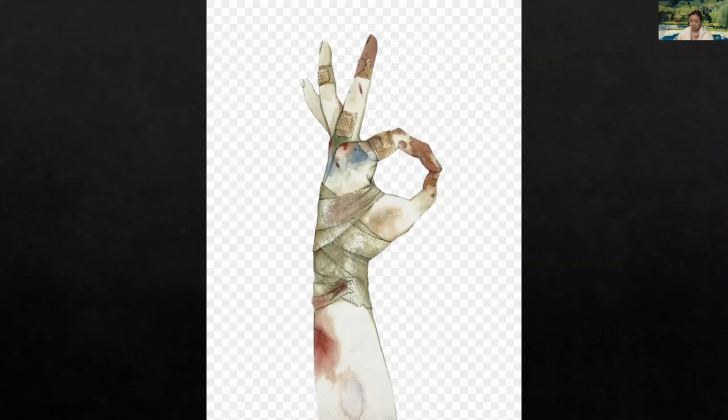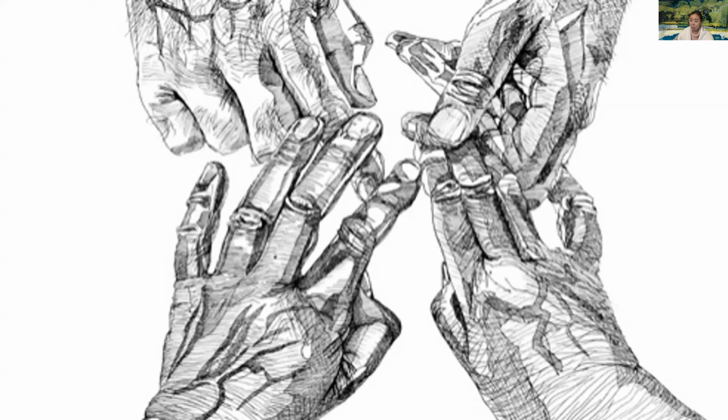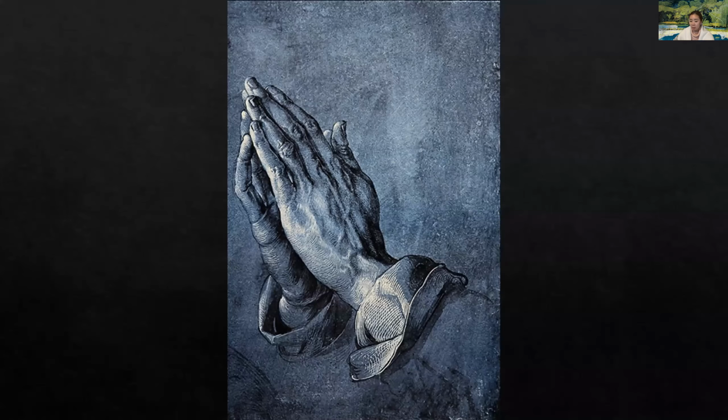Oh, and this hand drawing shows motion and emotion. And this hand drawing shows motion and emotion, contrast. This hand drawing shows emotion, grandeur, contrast. So that's it.